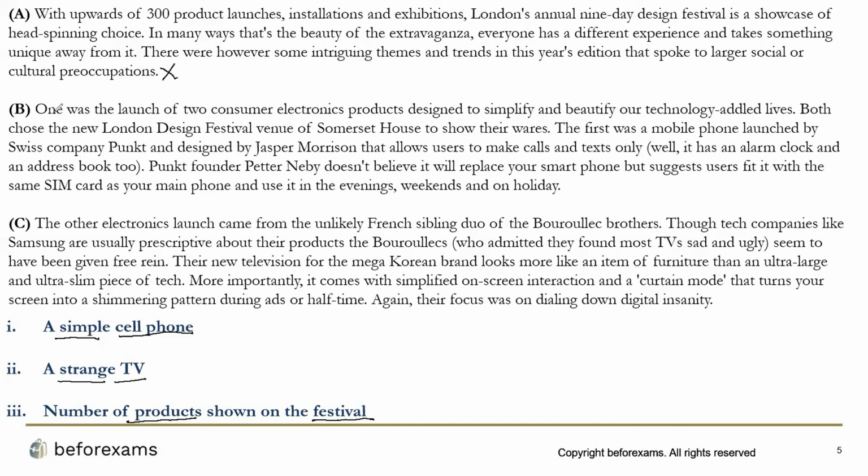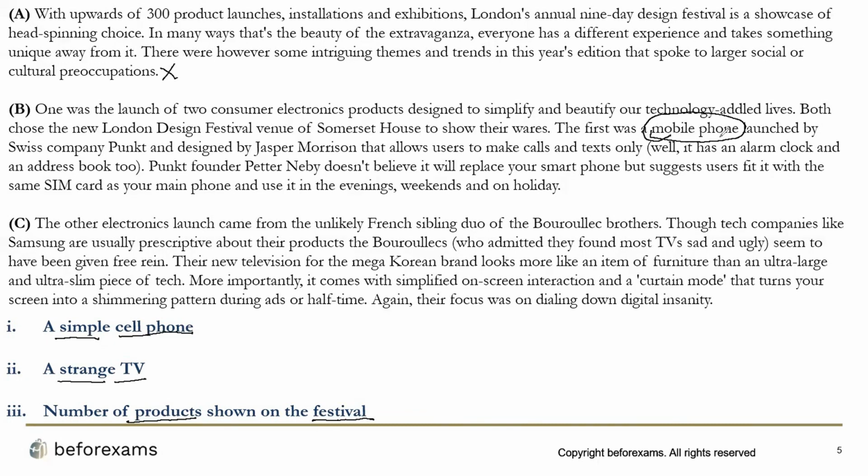Let's jump to the second one. Okay, so it talks about a mobile phone here. This could be our answer. Just mark this keyword and try to find the answer around it.